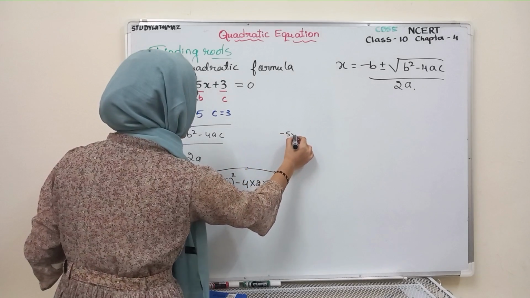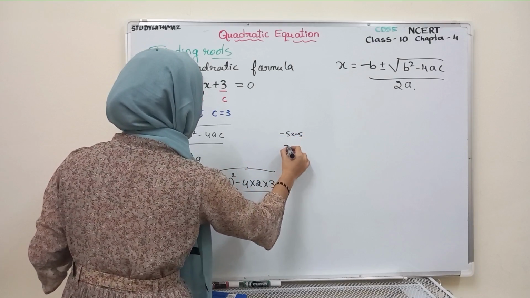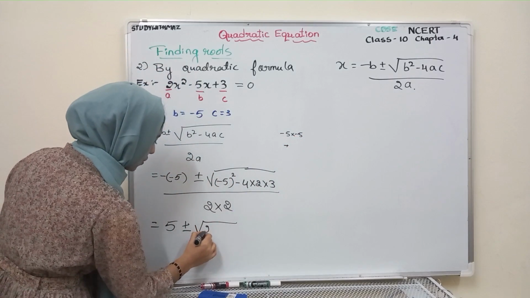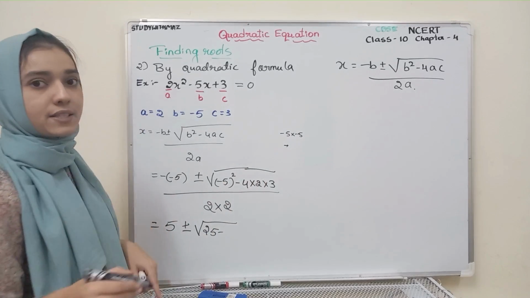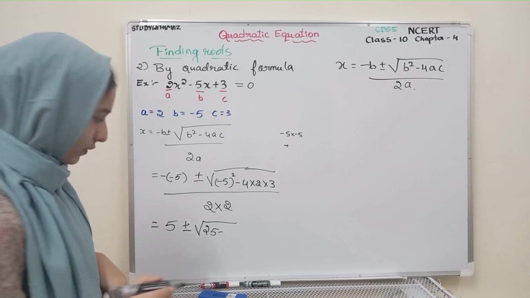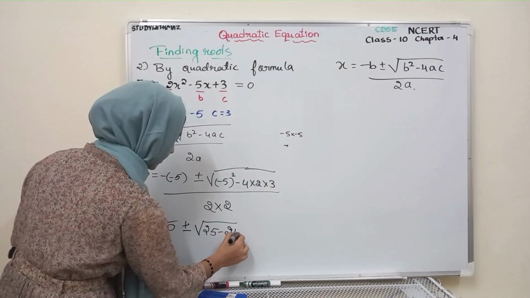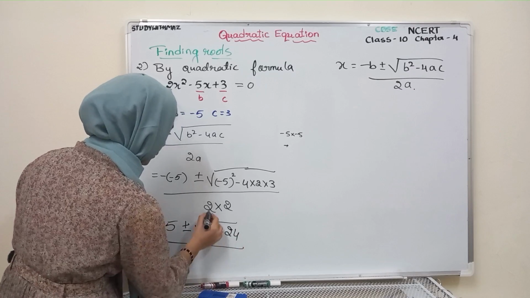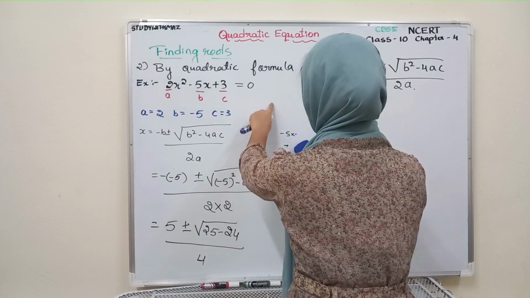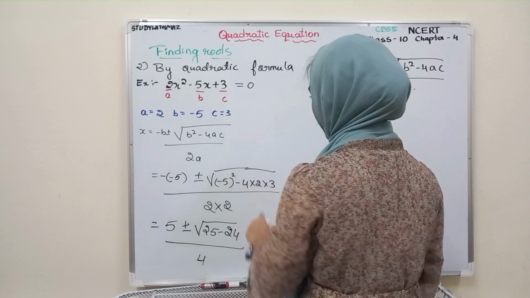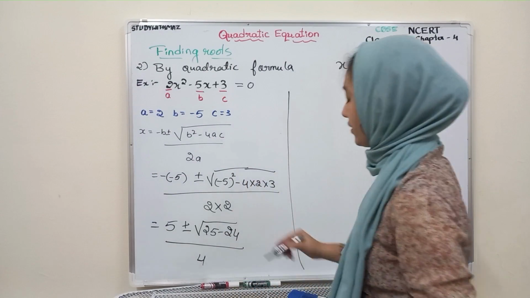Minus 5 into minus 5 again becomes plus, 5 fives are 25. So 25 minus 4, 2 eights are 8, 8 threes are 24, right? Divided by 2 into 2 is 4. I hope till here it is clear to you, right?